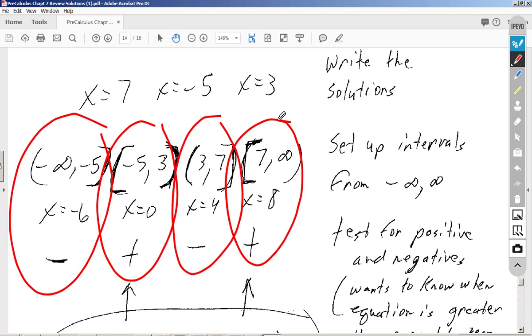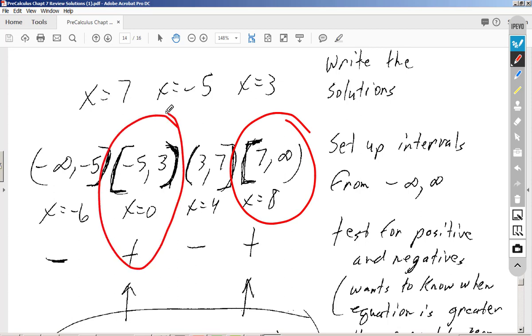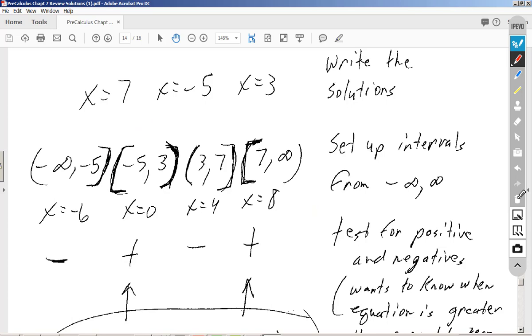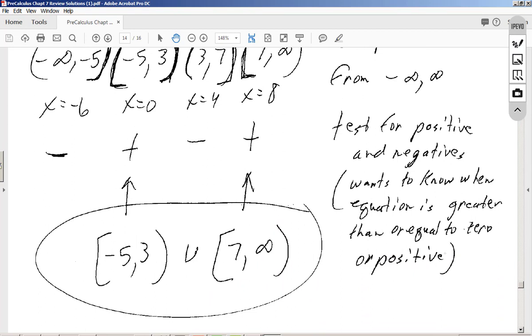So the answers I'm looking for are those that are positive. My two answers are positive here and positive here. So your answers would be those two intervals, -5 to 3 union 7 to infinity.